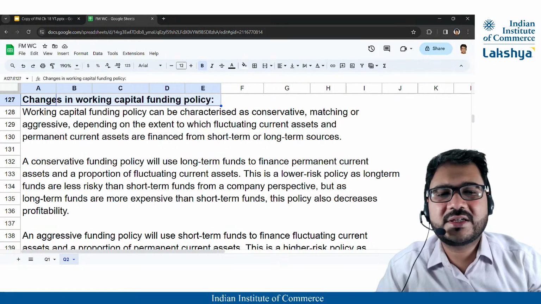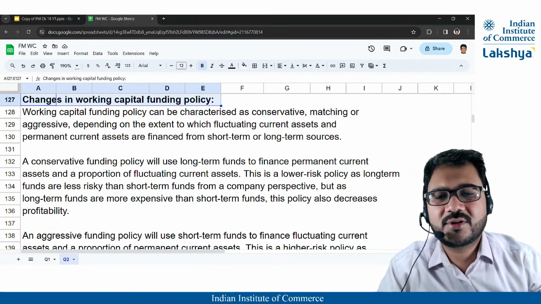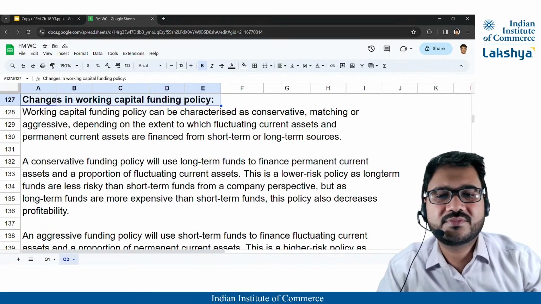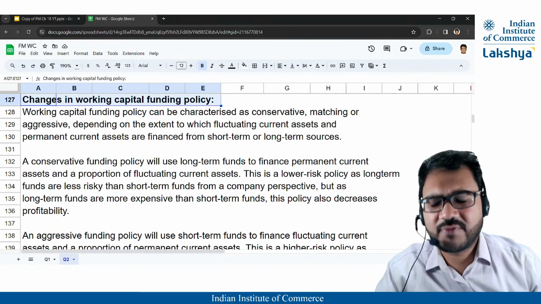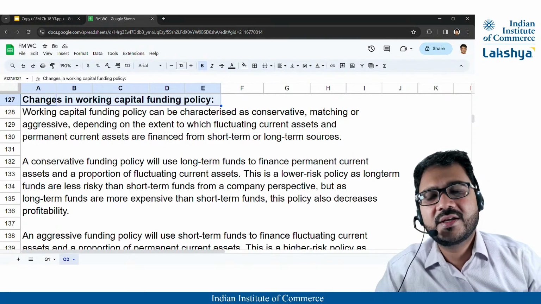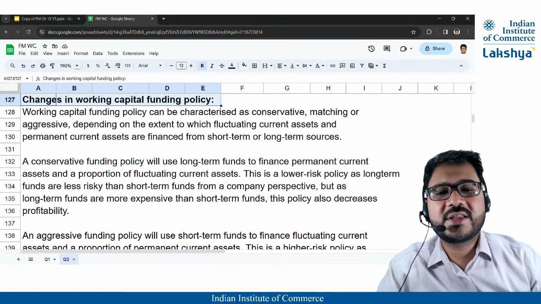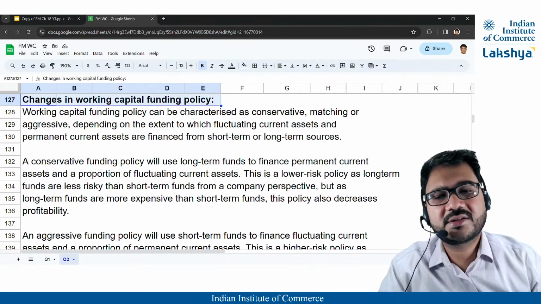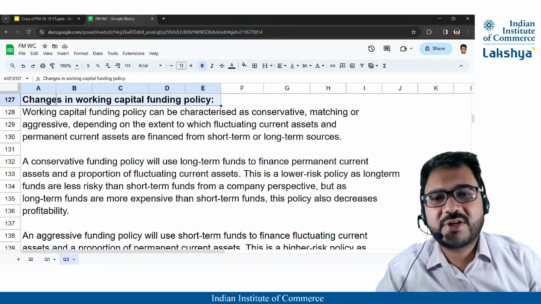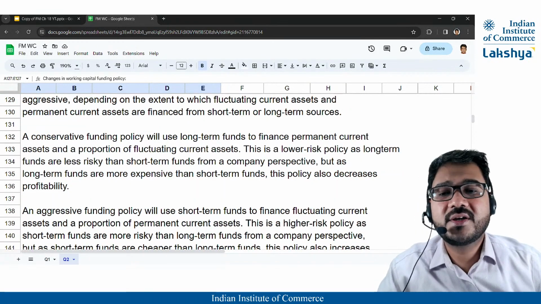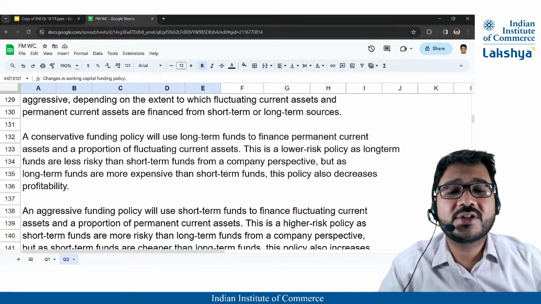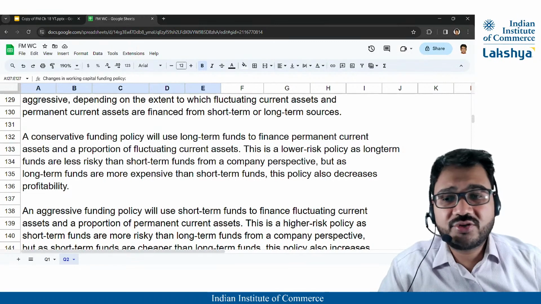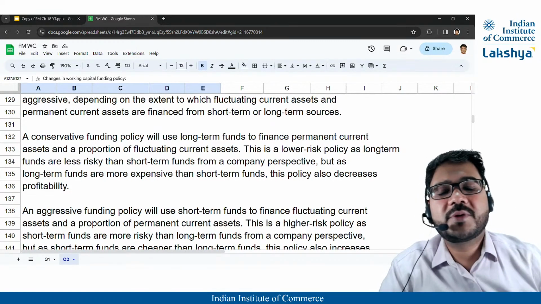If you are funding a permanent current asset with long-term liabilities, that makes sense. And if you also fund a portion of fluctuating current assets with long-term liabilities, that is non-current liabilities, then that is conservative. But if you are funding it with short term, an aggressive funding policy will use short term funds to finance both fluctuating current asset and a portion of permanent current asset.